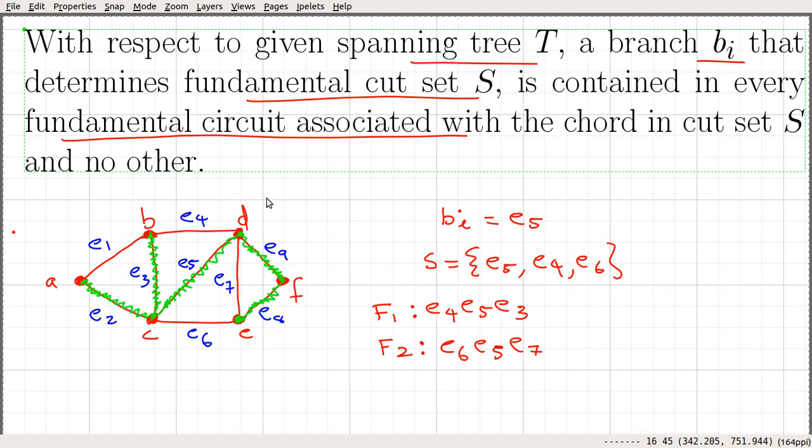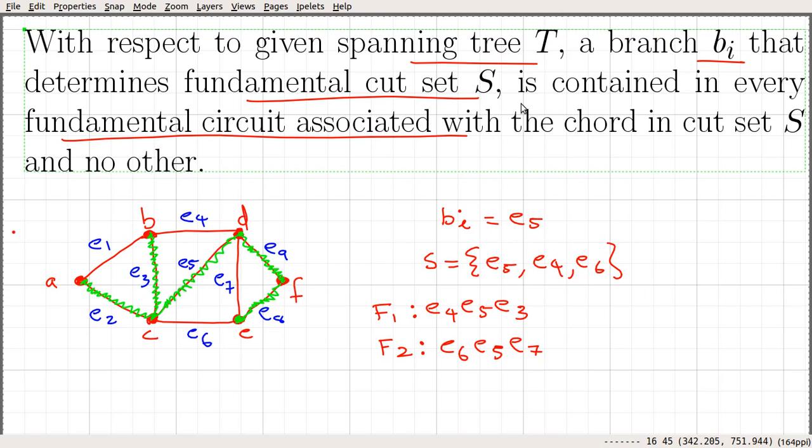So to get an understanding of this statement, let's look at an example. Let's fix this Bi to be equal to E5, this branch edge. Let's consider this graph and this spanning tree highlighted in green. So T is this spanning tree, and let's fix Bi to be equal to E5.